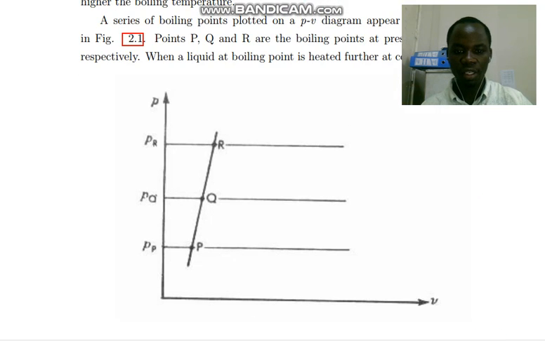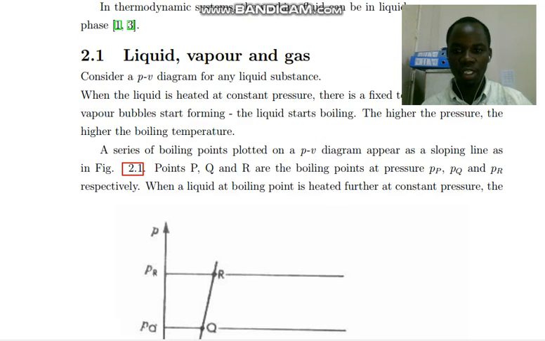You can see at pressure P_P, the point is called P, at pressure P_Q, it is called Q, and at pressure P_R, it is called R. So it gives us a sloping line that joins the points P, Q, and R, which are the boiling points at pressures P_P, P_Q, and P_R respectively.